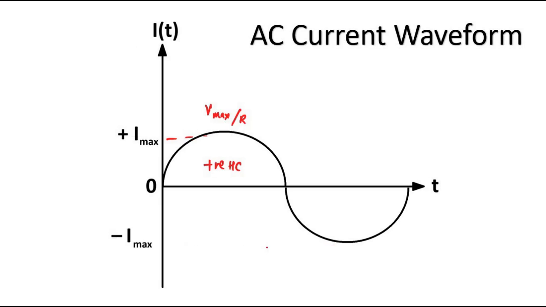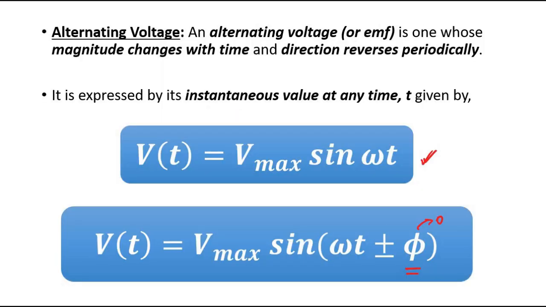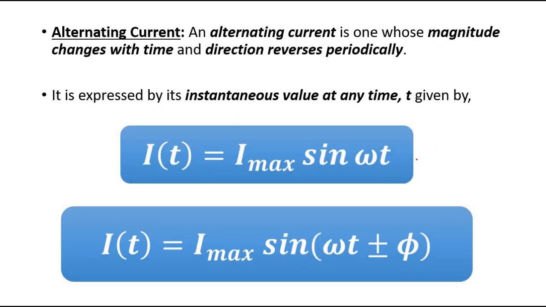So this negative current is equal to minus Vmax by R. For both the voltage and current, this relationship is valid, with no initial phase angle. The initial phase angle is 0.